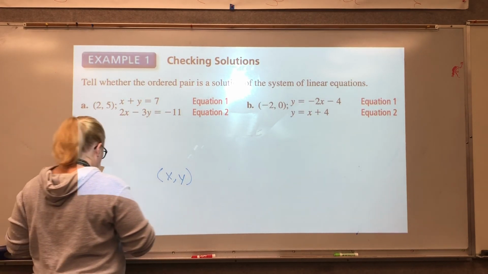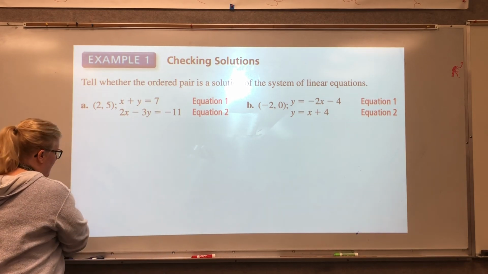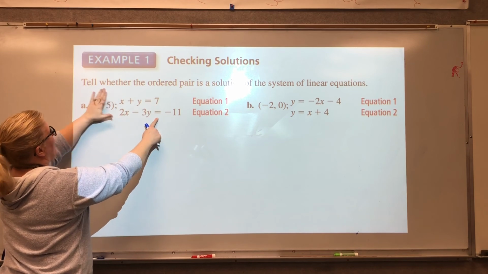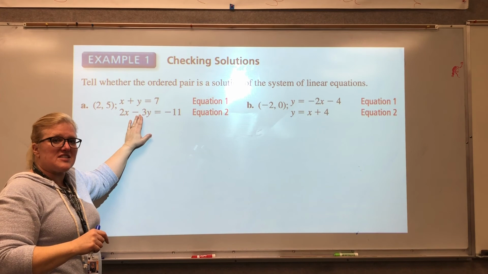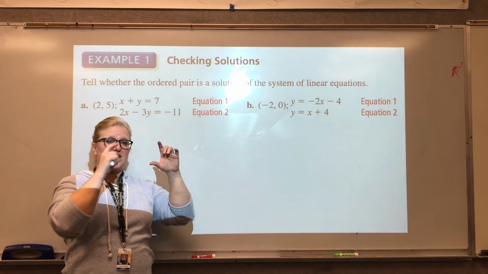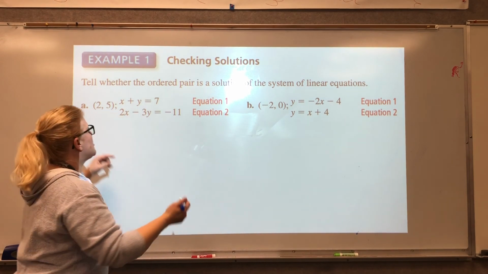All right, so first of all, let's see what we're talking about here. Let's check some solutions. Here we have a system, and we want to know if (2, 5) is the solution to this system. That just means that (2, 5) has to go into both of the equations and it has to work. So we just plug them in.